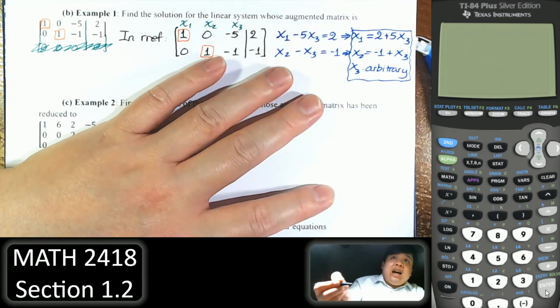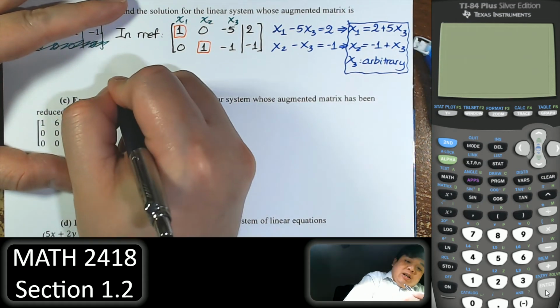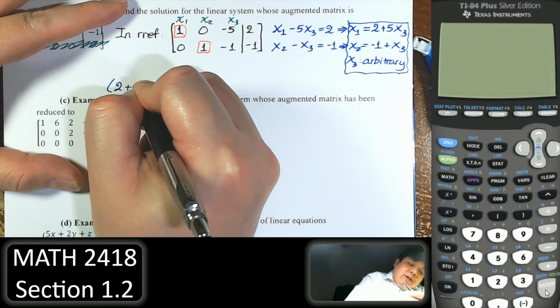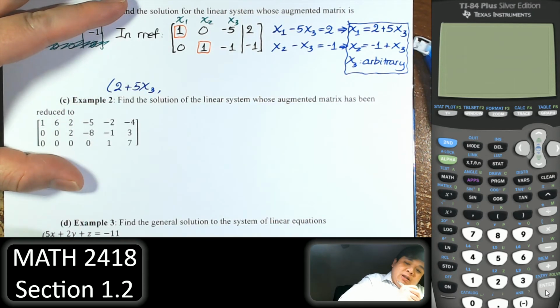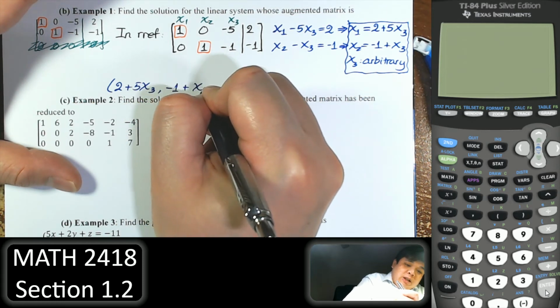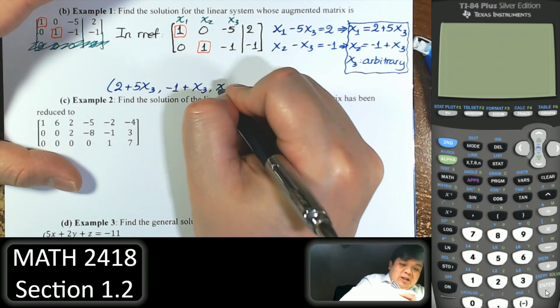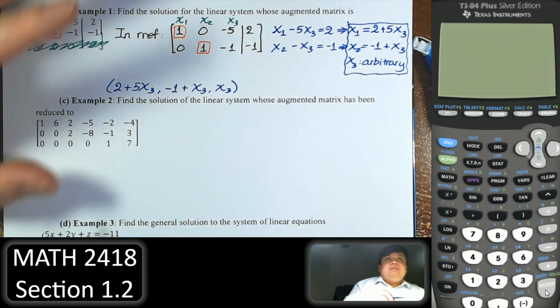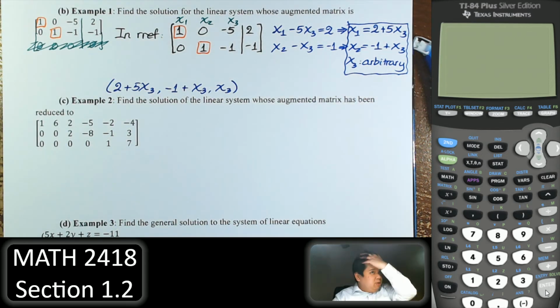We can write that as 2 plus 5x3, negative 1 plus x3, and x3 is free. Simple enough, right?